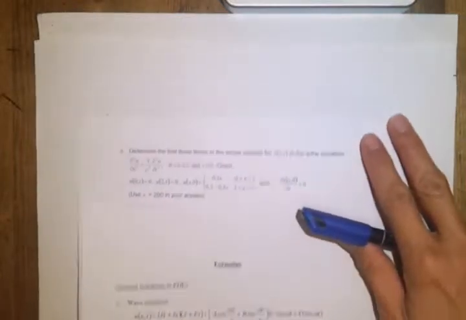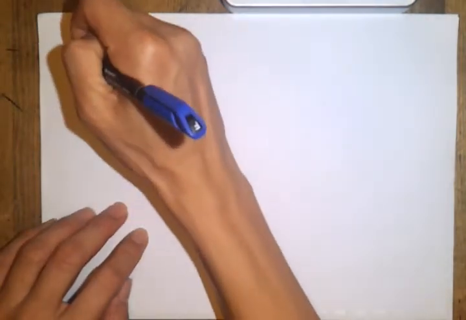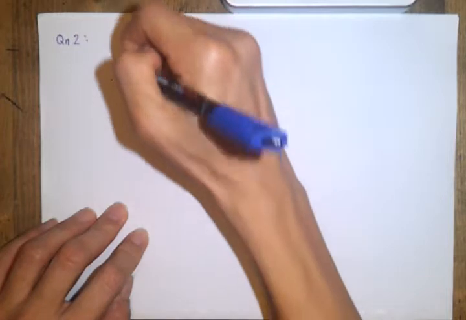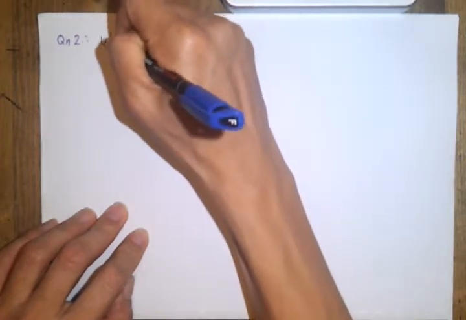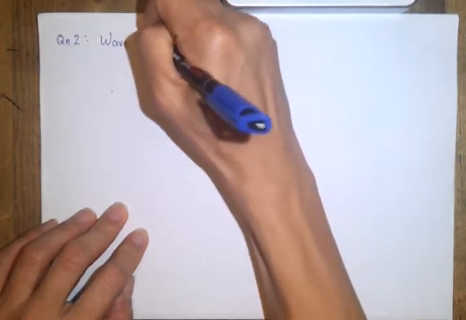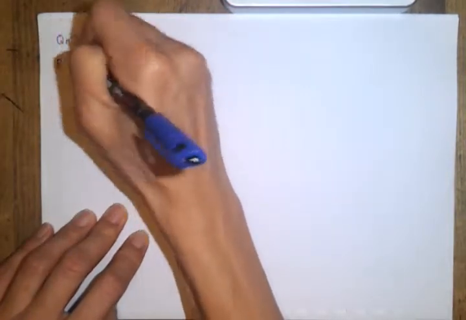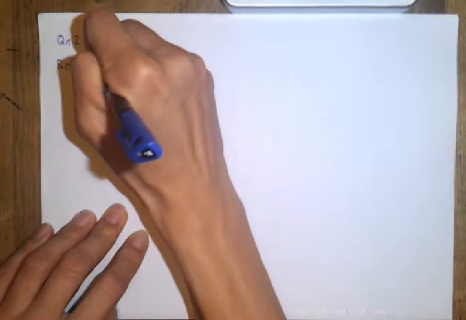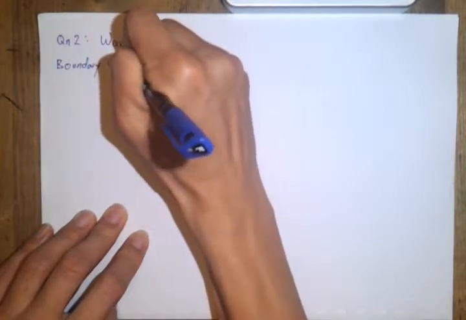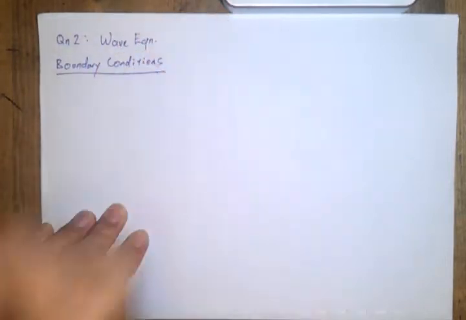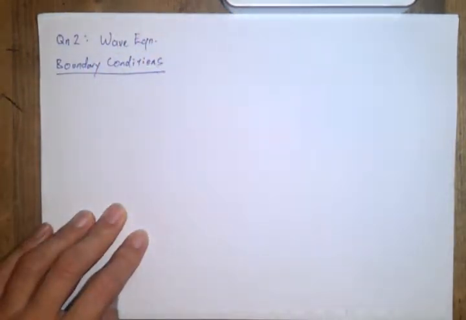Okay, so let me summarize the question. We are doing question 2. It's a wave equation, and you are given 2 boundary conditions.